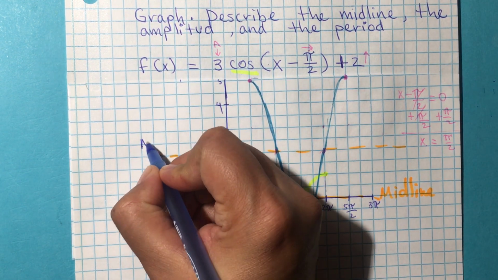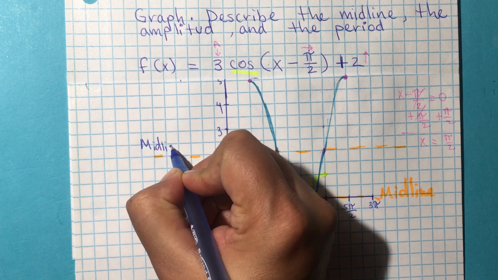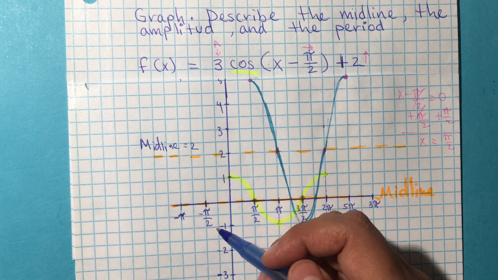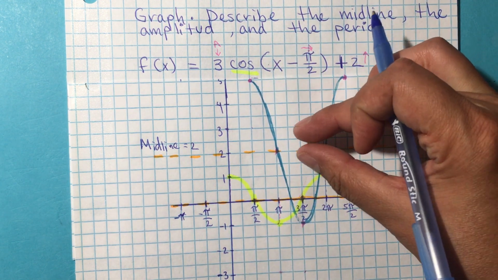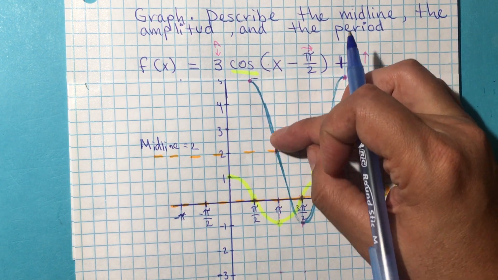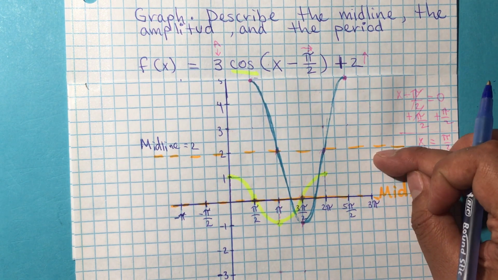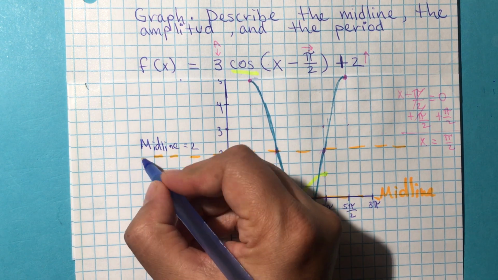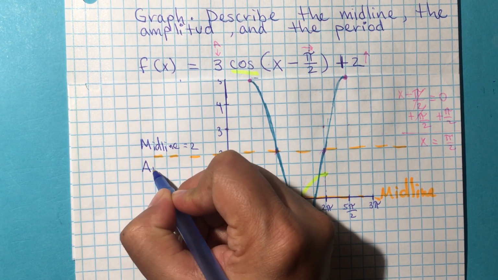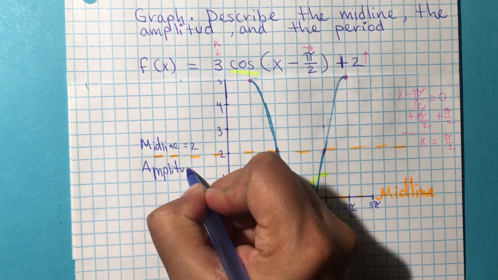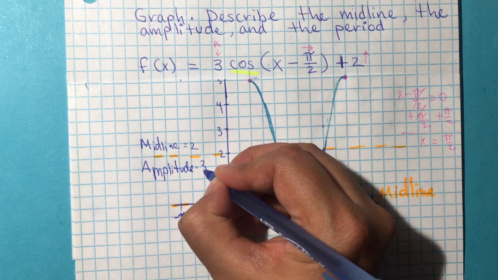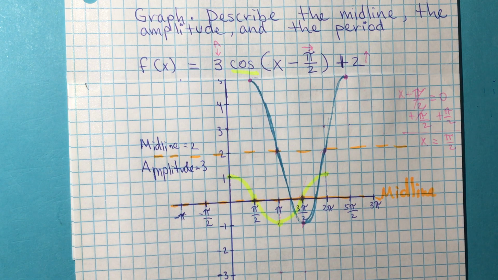What is the midline? The midline now, it's at 2. Okay, the amplitude is 3, meaning that it's not one space away from the new midline, but 3 spaces, 1, 2, 3. Okay, so the amplitude is 3, and the period stayed the same.